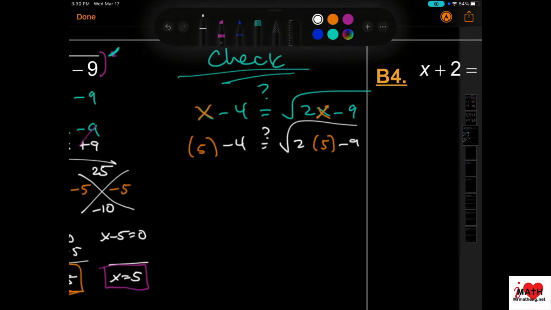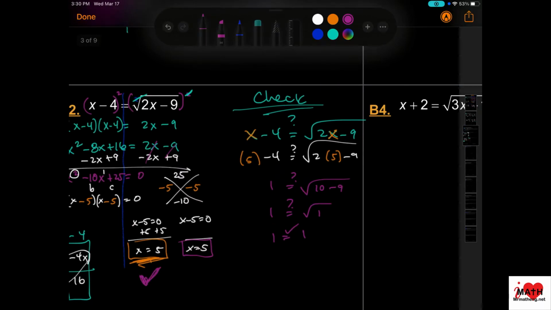Five minus 4 is 1. 2 times 5 is 10. 10 minus 9 is 1. And the square root of 1, two identical numbers that multiply to be 1, is 1. So that means that both of these are solutions.